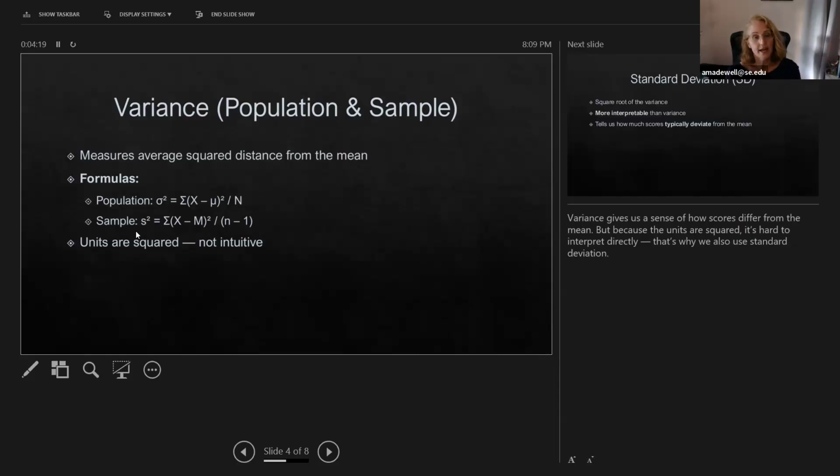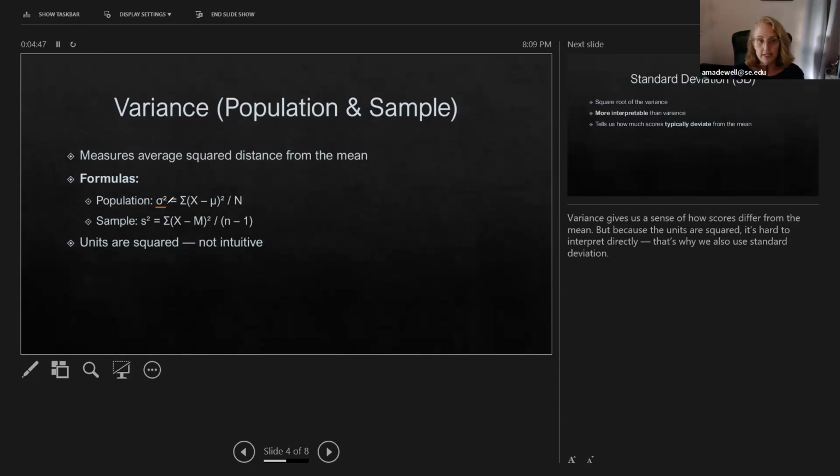When we look at our population and sample formulas, in our population formula, we're going to utilize Greek denotation. This is lowercase sigma squared. Our lowercase sigma here is going to tell us variance.